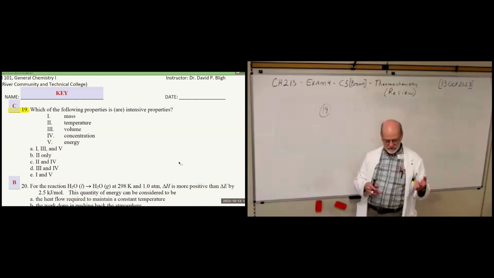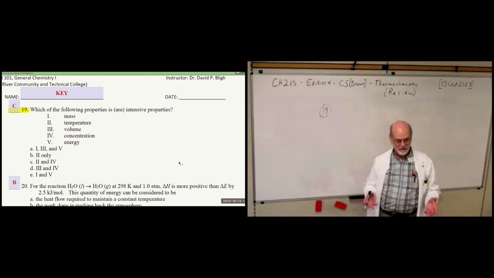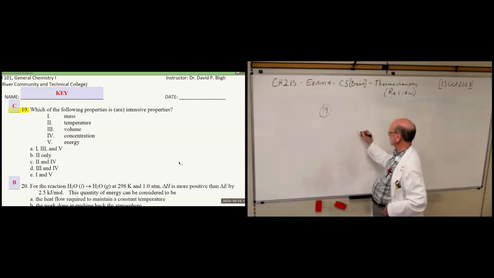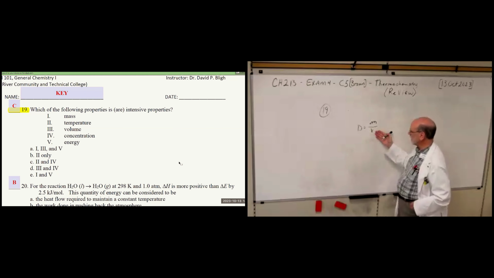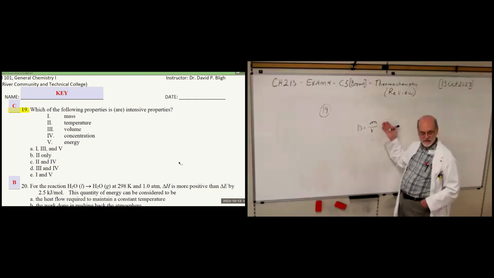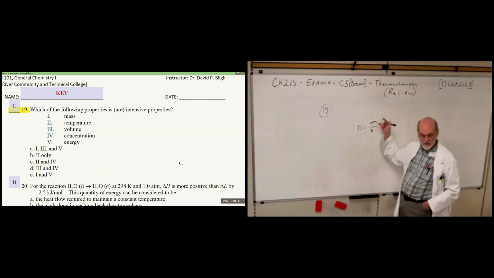If you have a 24 karat gold ring, it's got a certain density. If you have a 24 karat bar of gold, it's the same density, right? Because it's a proportion, mass per unit volume. So if you increase the volume, you increase the mass proportionally. So you get the same density.